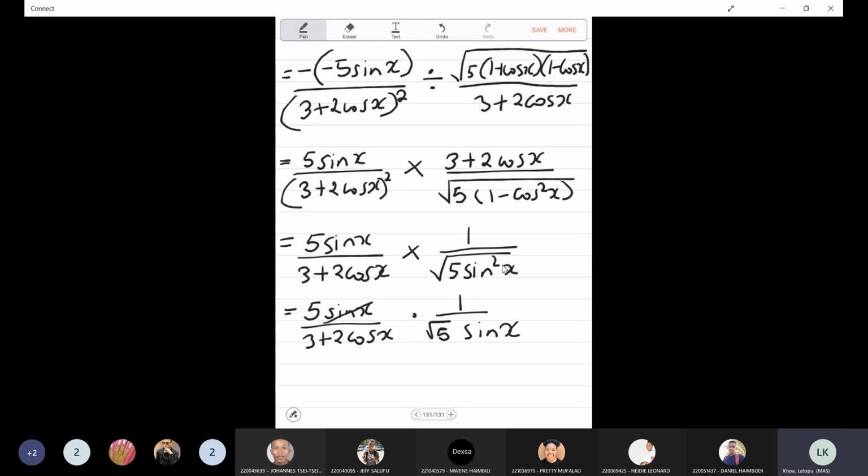And you can see the sine x's will cancel. And then I have 5 divided by the square root of 5, which is square root of 5 in the numerator, and 3 plus 2 cos x. And this is what I was asked to show.